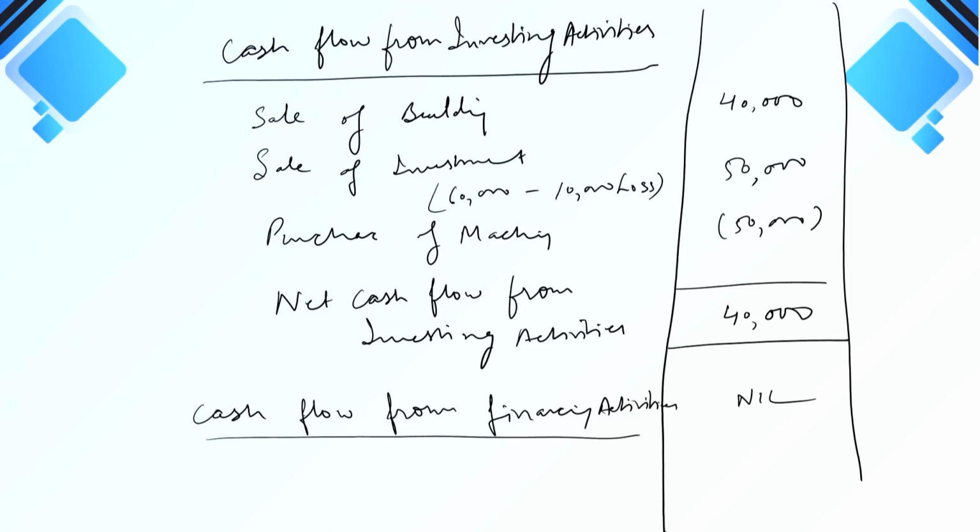Going ahead, now we are going to form the projected cash. For that we will take up the net change in cash, net increase or decrease in cash. First we compute this.